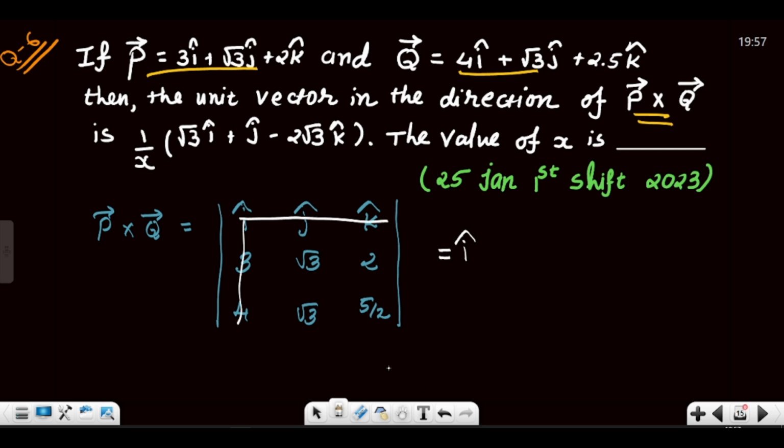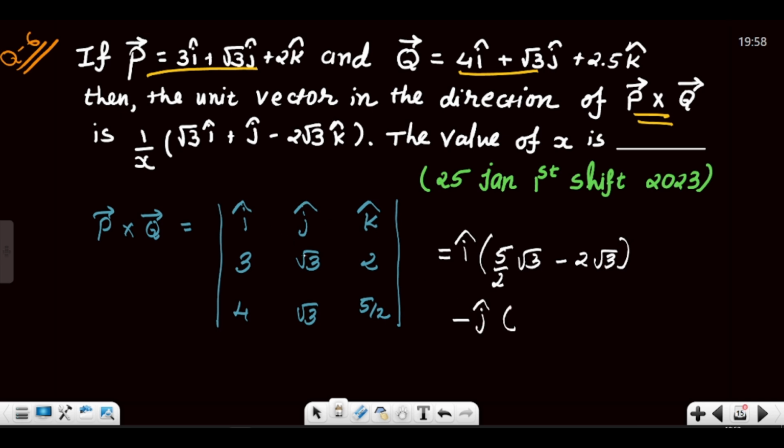We will get the multiplication of these, as you all know, so we get 5 by 2 root 3 minus 2 root 3, minus j cap covering the horizontal and vertical line, 5 3s are 15 by 2 minus 8, plus k cap covering these two lines, 3 root 3 minus 4 root 3.